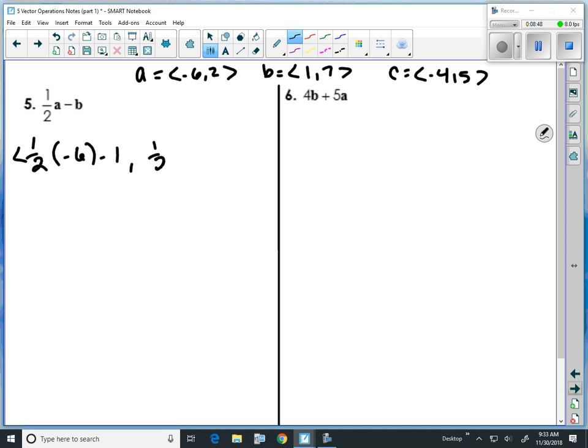So 1/2 times the second number in A is 2, minus B, which is 7. And then you simplify. Again, you can do it in your calculator or in your head. Should end up with negative 4 and negative 6.